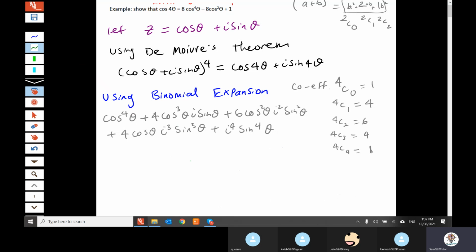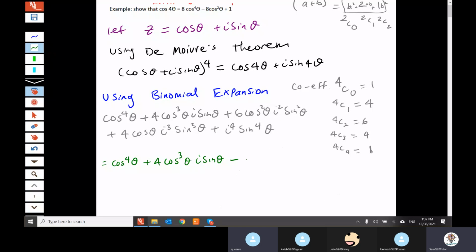Okay, and then let's make this one just a little bit better. So the next line is cos to the 4 theta plus 4 cos cubed theta i sine theta. Now, what can I simplify from my third one here? i squared becomes negative.